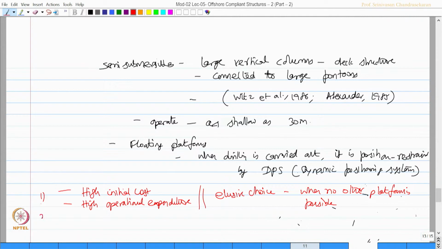The second issue is there are only limited dry dock facilities available in the world which can attend to these repairs.